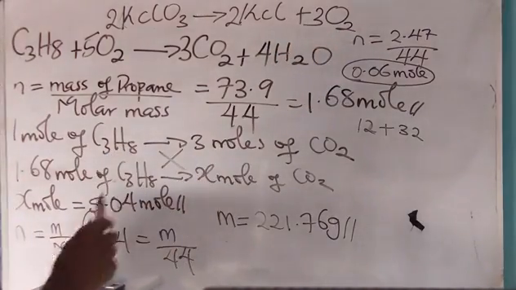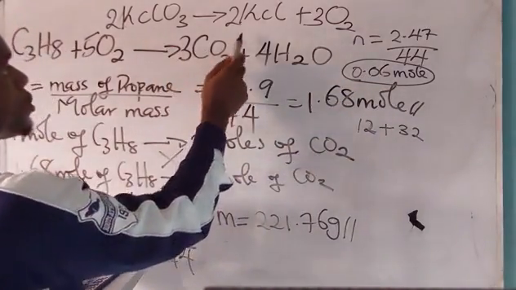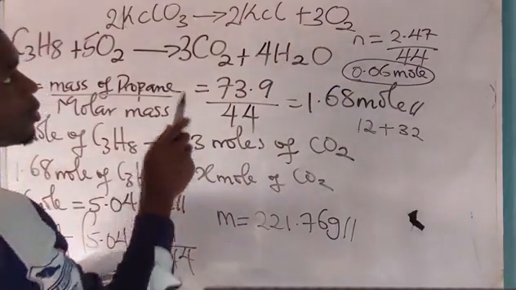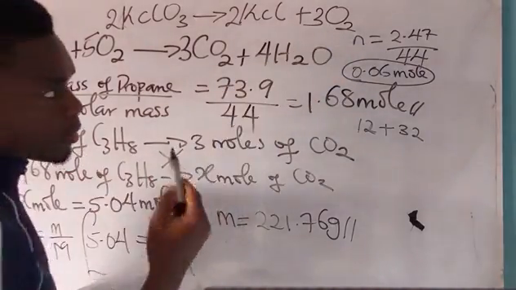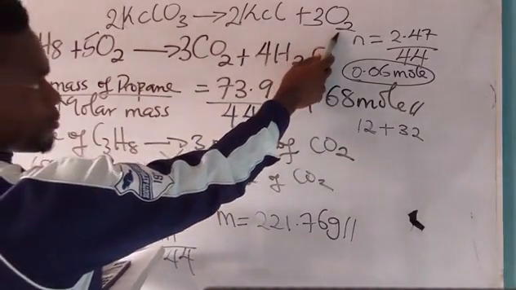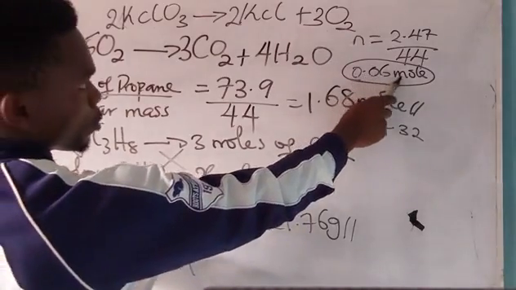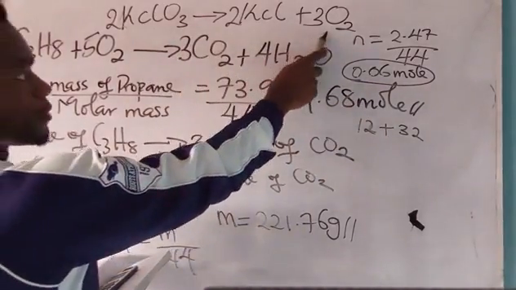It therefore means that 0.06 mole of this will produce X mole of oxygen. 2 mole of this will produce 3 moles of oxygen. Therefore, 0.06 mole of this will produce X mole of this.